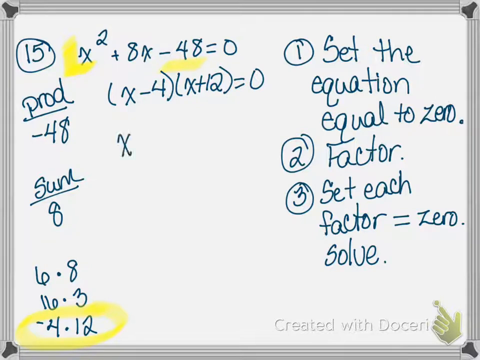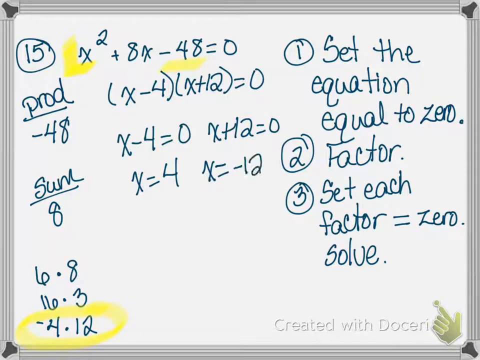So I have x minus 4 equals 0, and I have x plus 12 equals 0. I set each one of those individual factors equal to 0, and I solve. So I end up with x equals 4 and x equals negative 12. Those are my 2 answers, 4 and negative 12, and that is number 15.